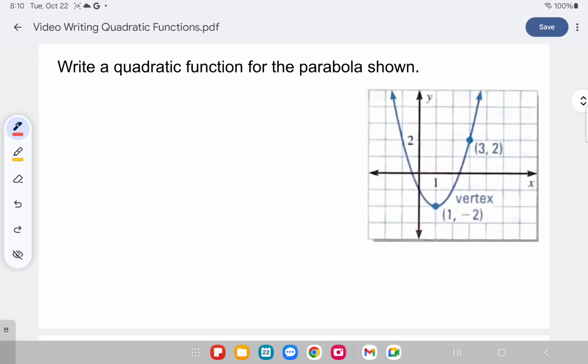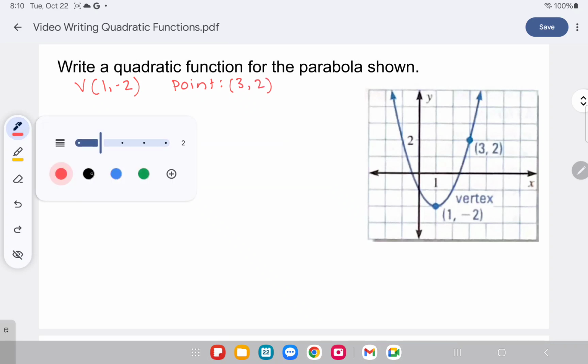We use vertex form if we know the vertex. So in this example, we can see that the vertex is (1, -2). But we also need any other point on that parabola, and one is kindly labeled for us, (3, 2).